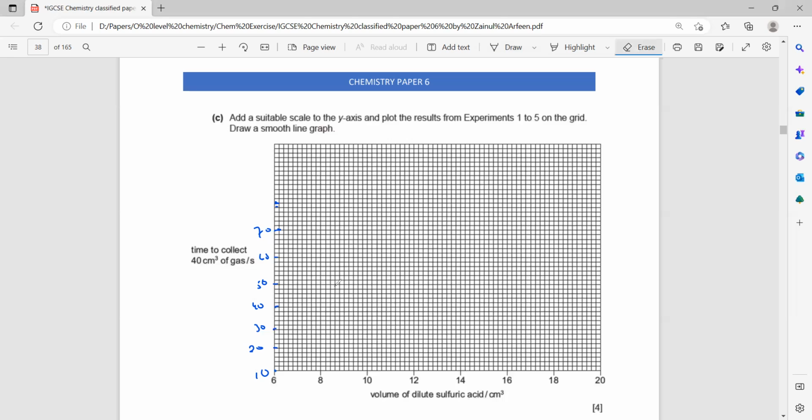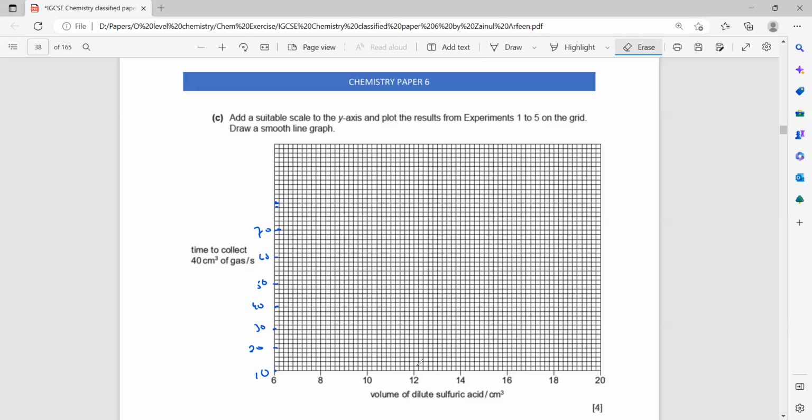So when you mark the points, the first one, this is the volume of sulfuric acid which was added. In the table, it was 12 and 72. So 12 and 72.